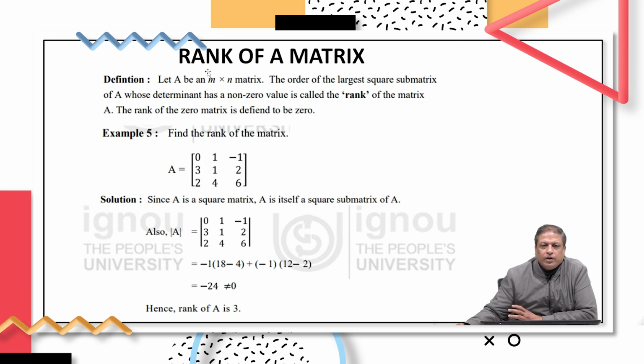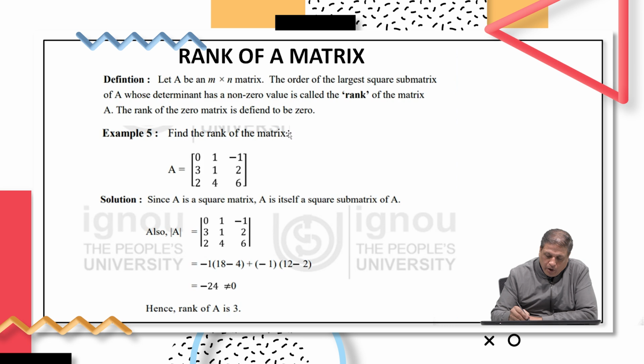The rank of a zero matrix is definitely 0. So, what does this statement mean? Let me reread it. The order of the largest square submatrix of A whose determinant has a non-zero value is called the rank of the matrix. Let us apply this to an example.